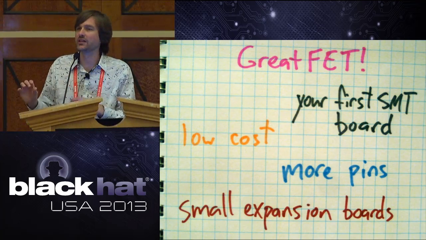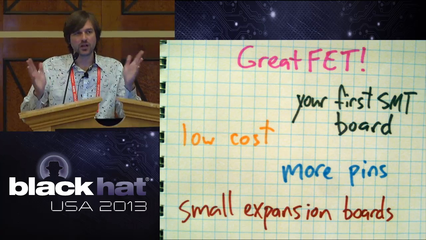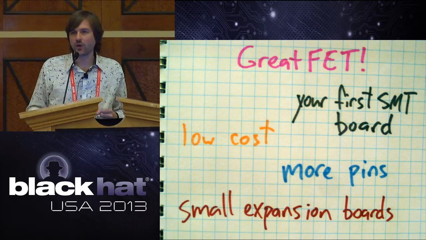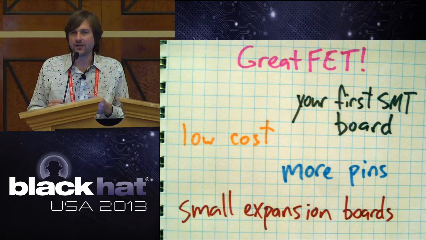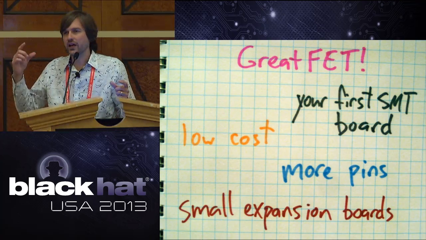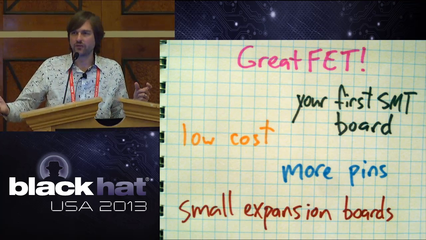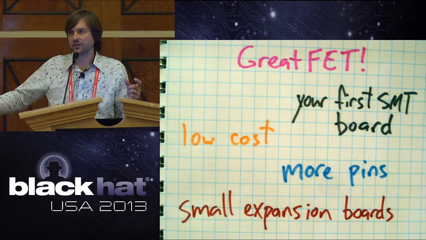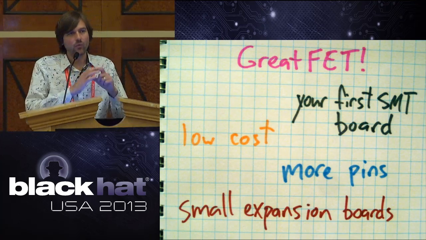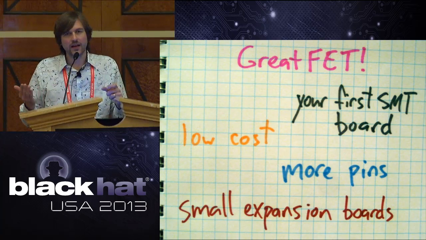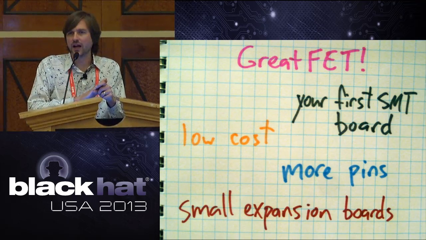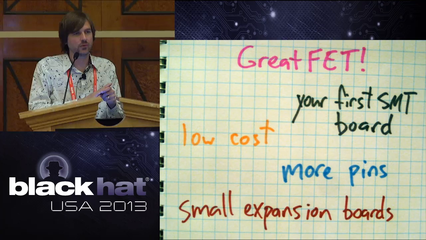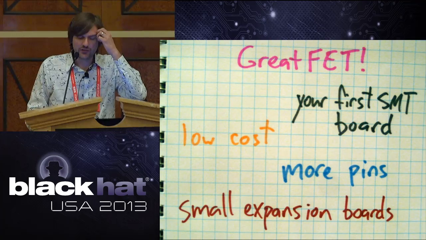I wanted to have more pins available for connecting to target devices, and I wanted to have the ability to connect small expansion boards. So instead of having a GoodFET and a Facedancer, for example, which is a variant of the GoodFET, and all these other variants of the GoodFET that we've had, it'd be nice to have one GreatFET and then a front end board, a small expansion board that's just the Facedancer add-on, a small expansion board that's a radio add-on for certain functions.